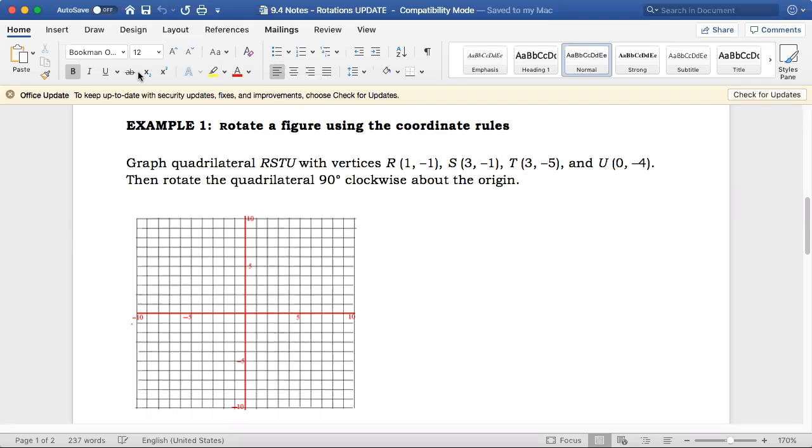Let's go to there. So we've got 1, -1. So this right here is our coordinate for R. S is at 3, -1. T is at 3, -5.